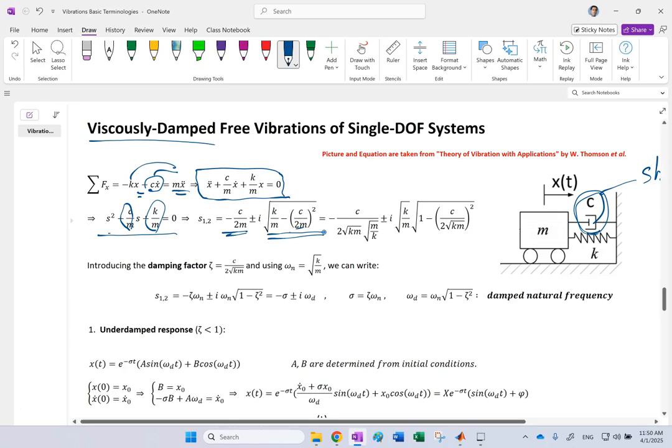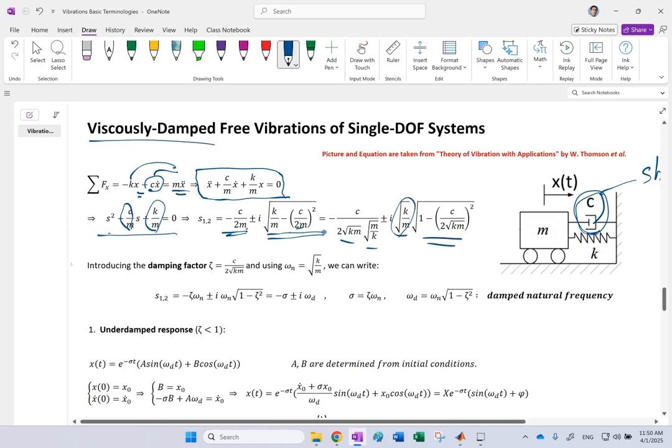Now we can do some simple modifications here and basically write this denominator like this, where you see that those two square root k's cancel, the two square root m's multiply, and you get the m. And here you can factor out a k over m under a square root. You get this one.